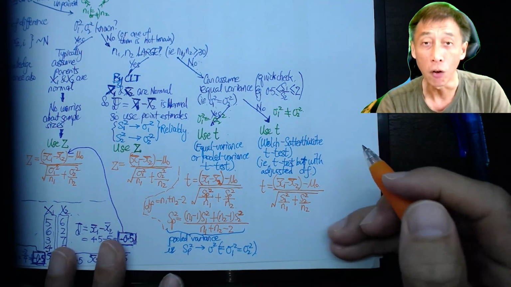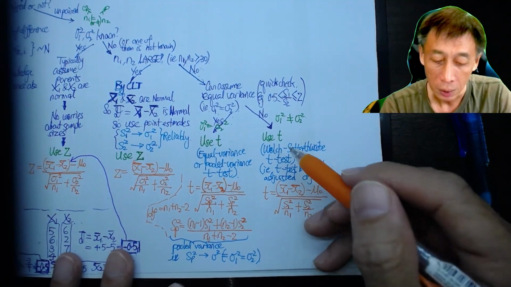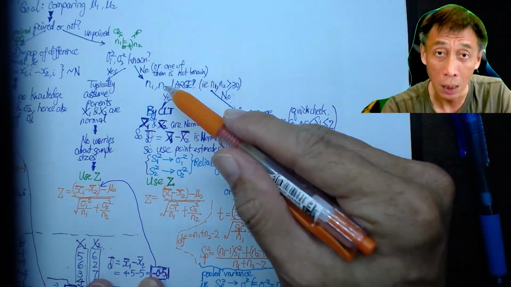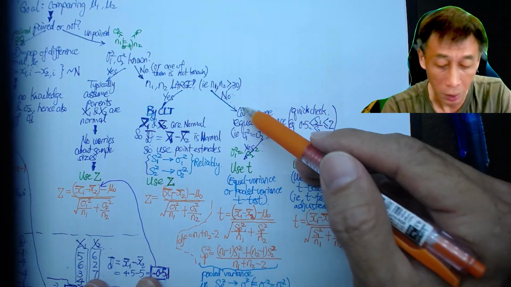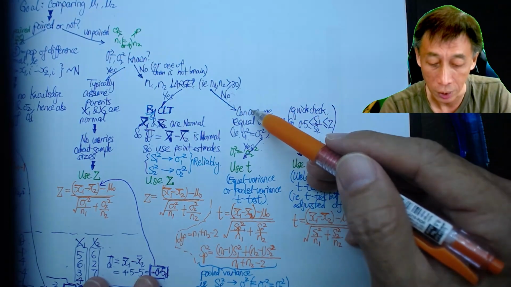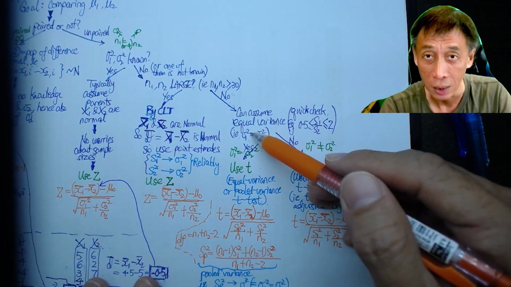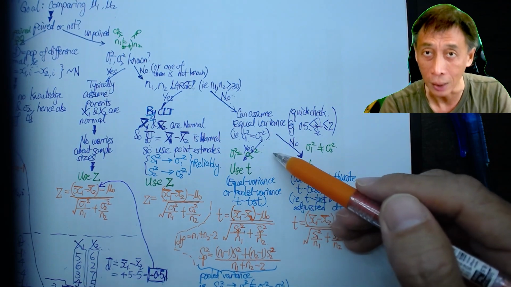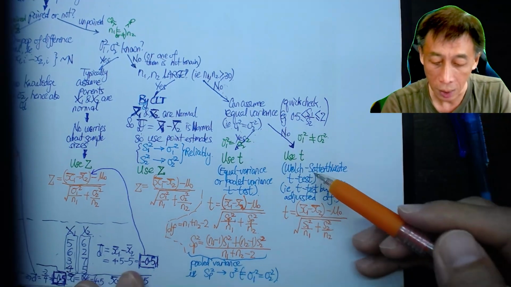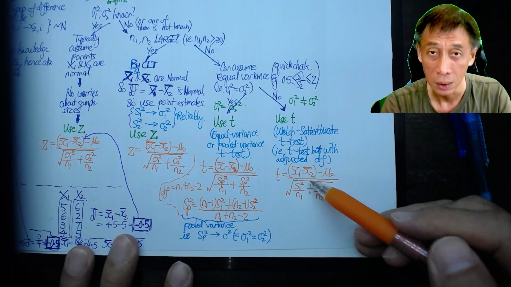Okay. Now, of course, you remember that we were saying, hey, because n1 and n2 are not large, they are 4 and 5, or 6 and 9, they are not large, then how can we still do this?